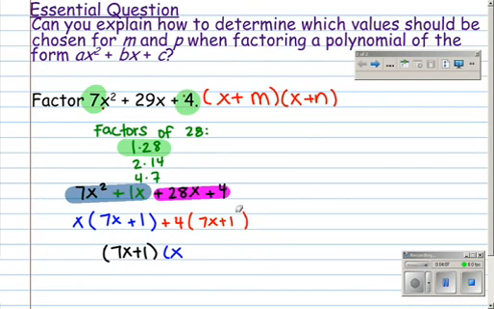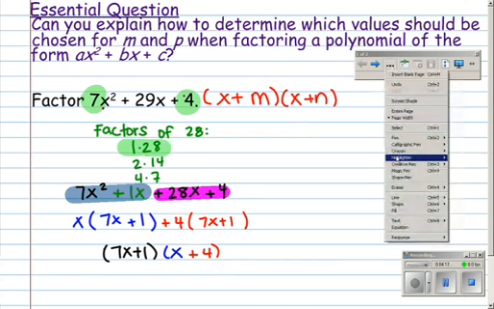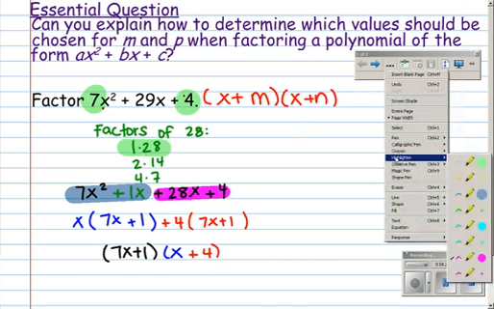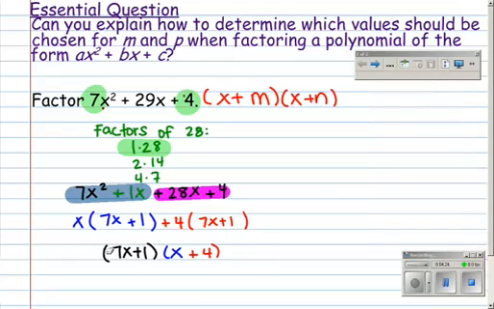And if we factor 7x plus 1 out of the red group, the only thing that we're left with is 4. So the answer to this problem, if we factor 7x squared plus 29x plus 4, our final answer would be 7x plus 1 times x plus 4.